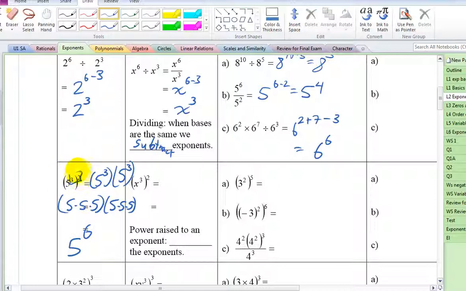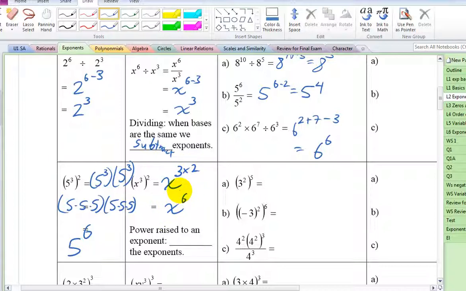So, 3 plus 2, if we added them, would we get 6? No, can't add those exponents. If we subtracted them, 3 minus 2, would we get 6? Nope. So what do you think we're going to have to do to get 6? Multiply. Exactly. So x exponent 3 times 2 equals x6.